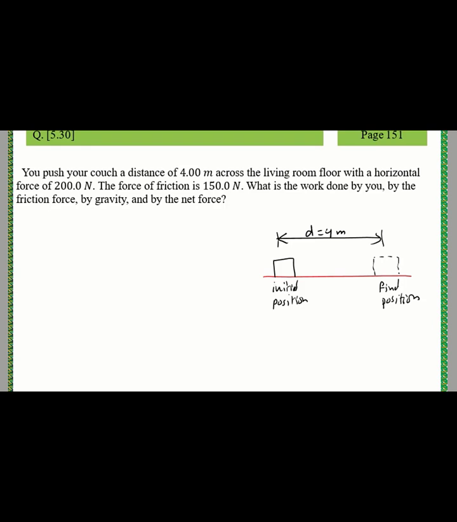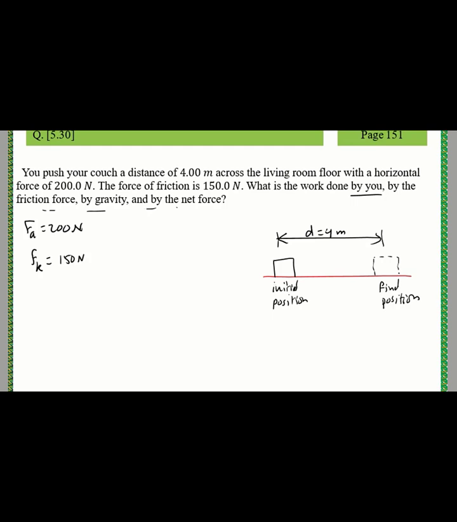Now, my force FA equals 200. The friction force Fk is 150. I need the work done by me, by friction, by gravity, and by the net force.